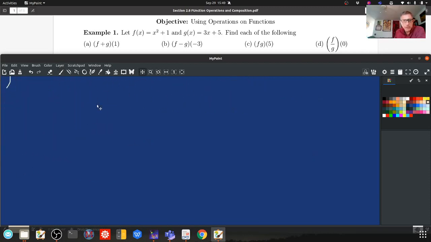And my next one is C, f times g of 5. So remember, that's just f of 5 times g of 5. We will also want to use parentheses there, but it's really going to be natural.